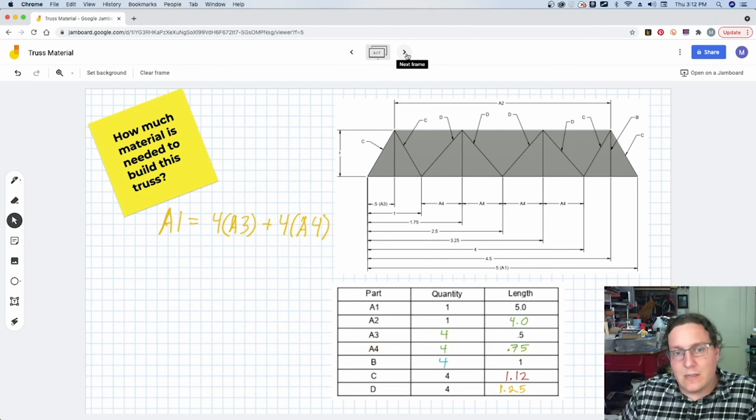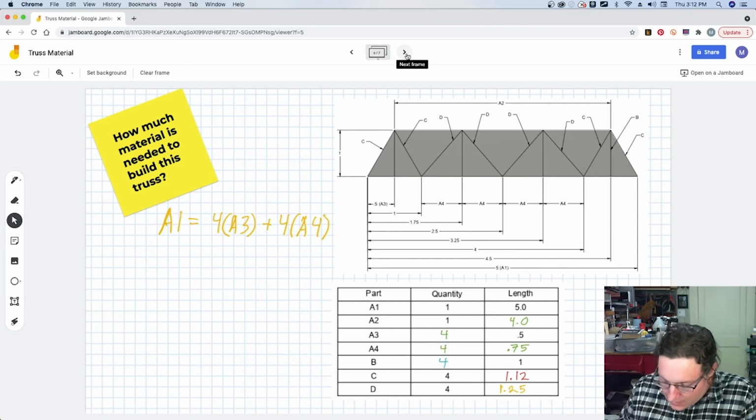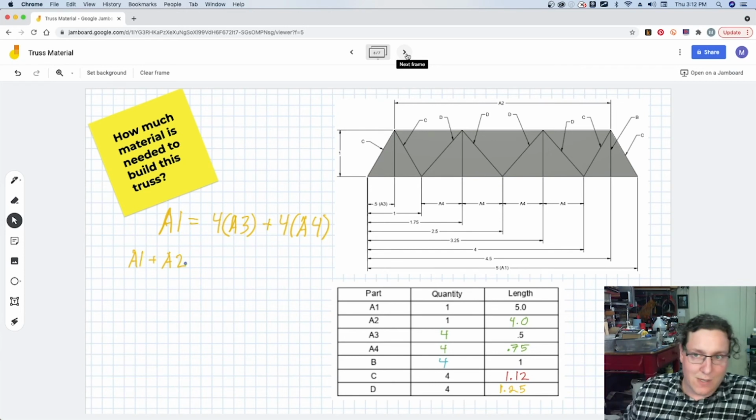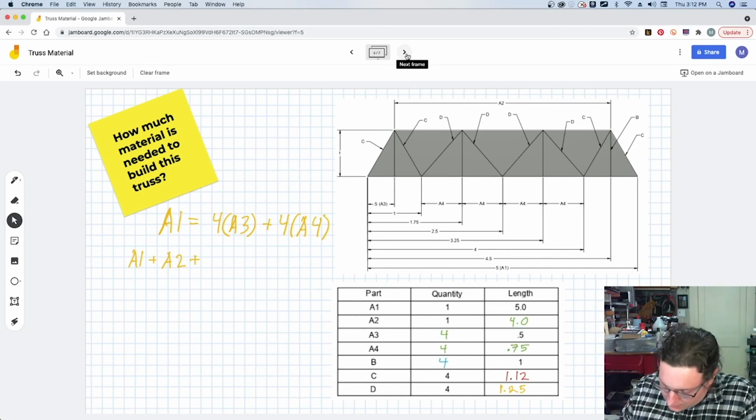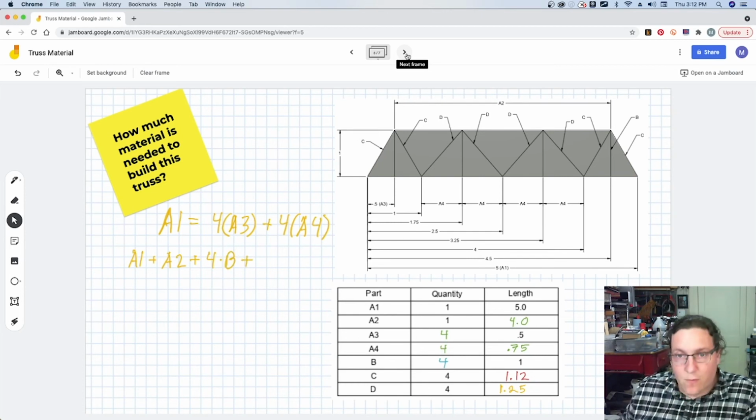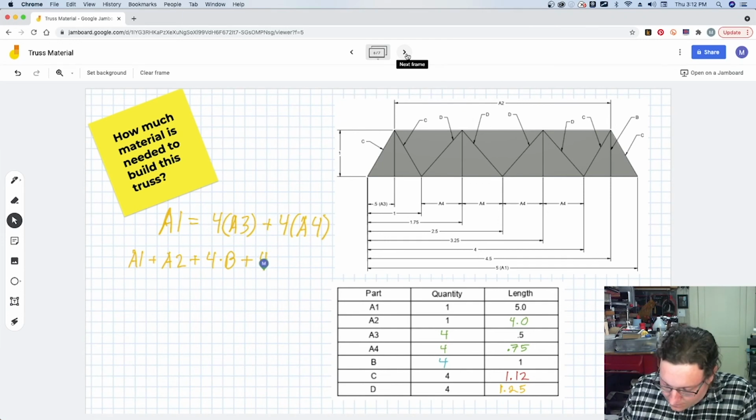But what we do need to find the total is that we need to recognize that we have A1 plus A2, that's the top horizontal line, plus our 4 vertical lines. So 4 times B plus the 4 C values plus the 4 D values.